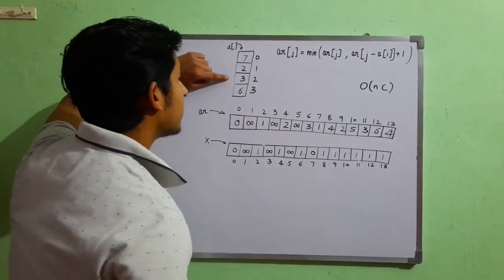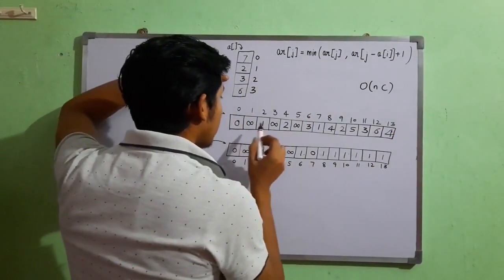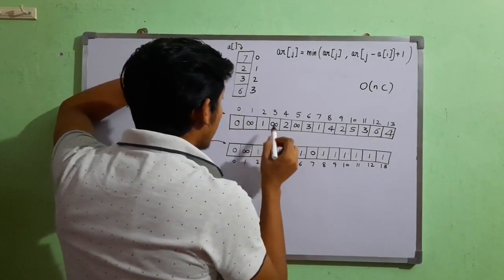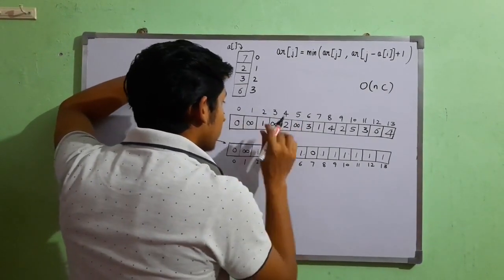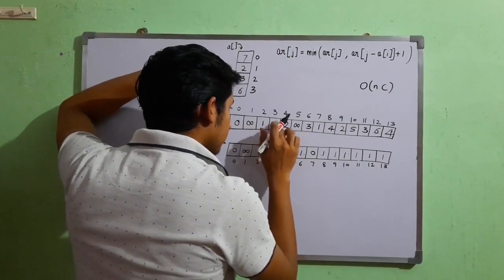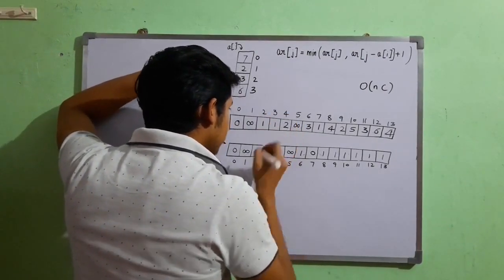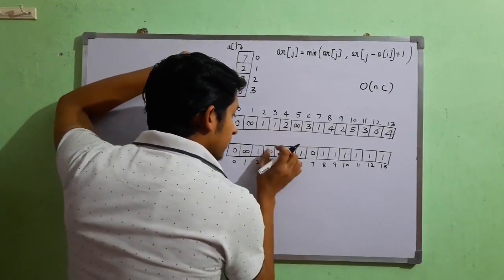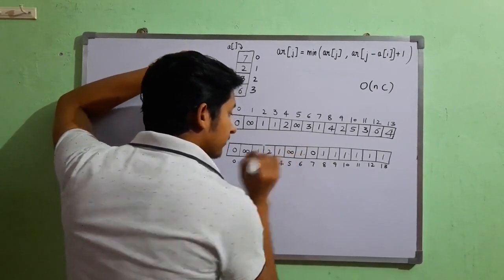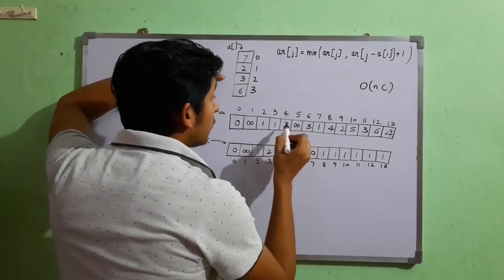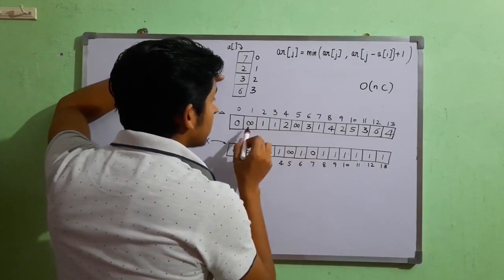Now for this, no update, no update, no update. Infinite or 3 minus 3, this plus 1. Similarly here 2 or this plus 1, 2 only.